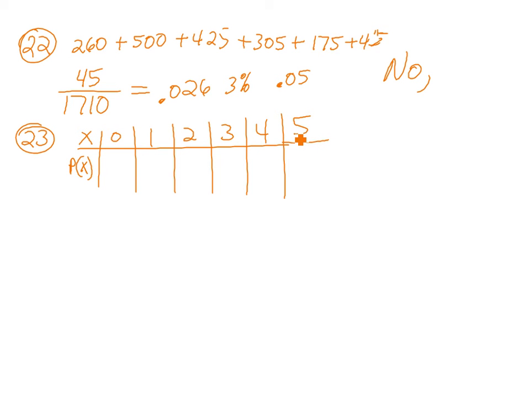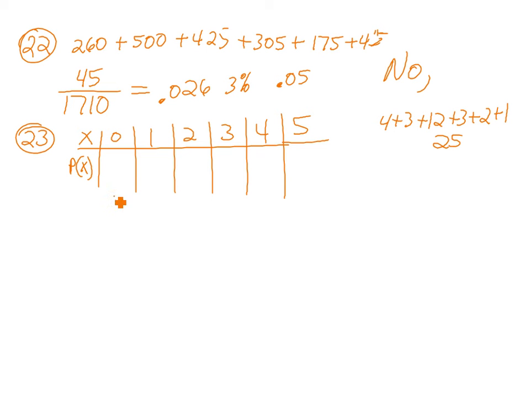And the first thing you've got to do, looking at your frequency distribution, is total up all the senior citizens. So it's 4 plus 3 plus 12 plus 3 plus 2 plus 1, and that gives you a total of 25. And on your probabilities, you're just going to put each one of these.